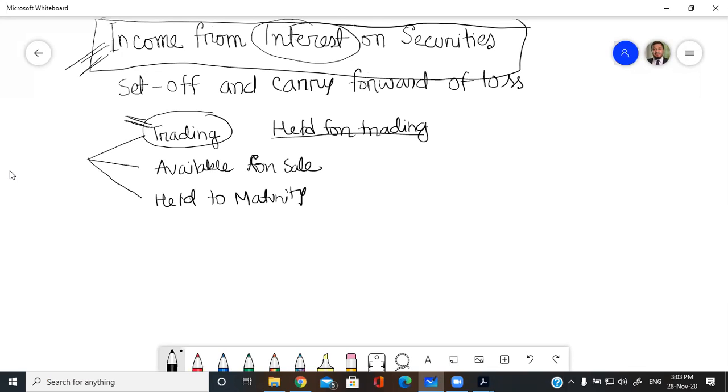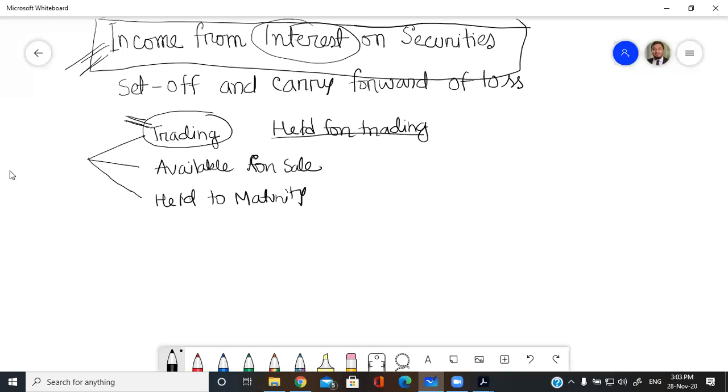Okay. So next, I would like to start from here, held to maturity. It is just the opposite of held for trading. Instead of buying and selling in the shortest possible time, you like to hold the security till maturity.